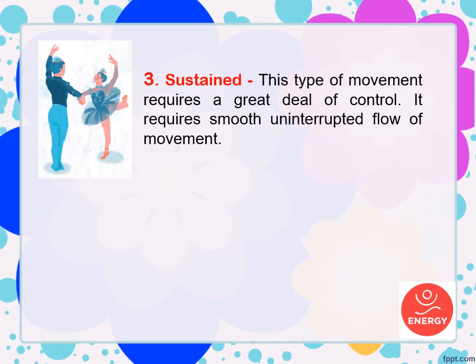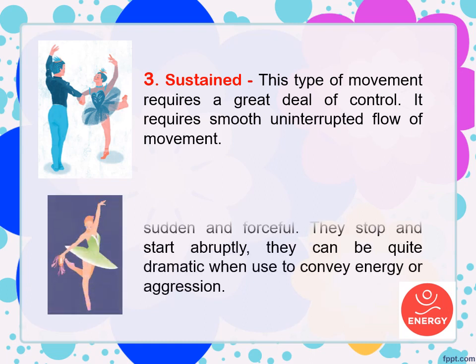Three, sustained. This type of movement requires a great deal of control. It requires smooth, uninterrupted flow of movement. Four, percussive. It is short, sharp, sudden, and forceful. They stop and start abruptly.